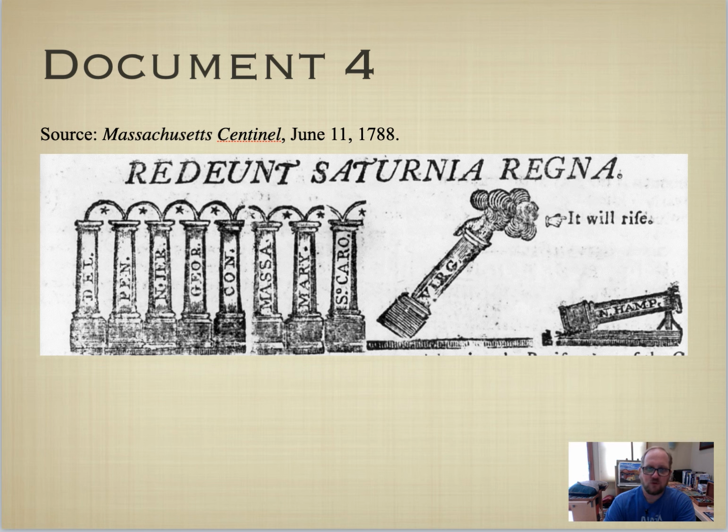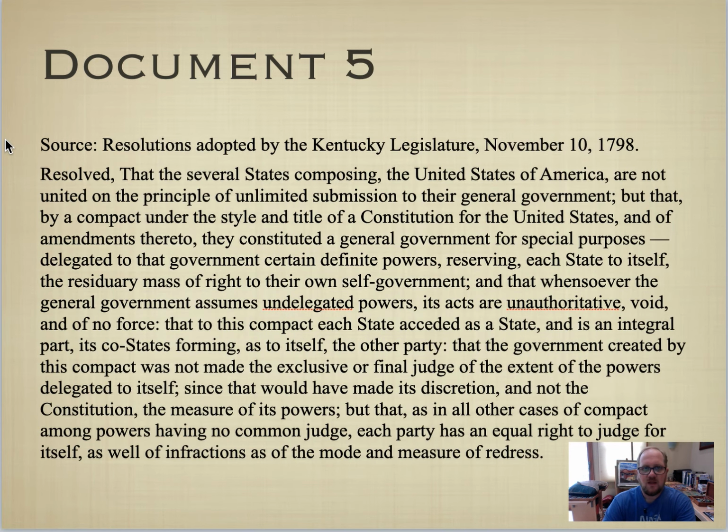Document 4, a political cartoon from the Massachusetts Sentinel. Again, you see the date, June 11th, 1788. So this is a response to the Constitution being written and passed. And then document 5 is the Kentucky and Virginia Resolutions in response to the Sedition Acts.